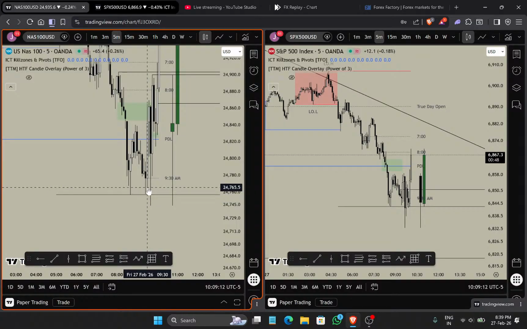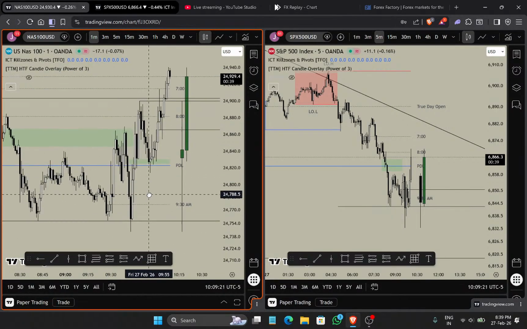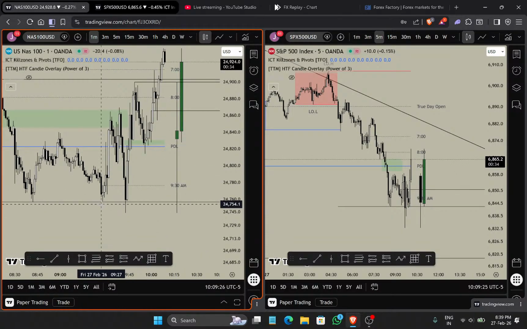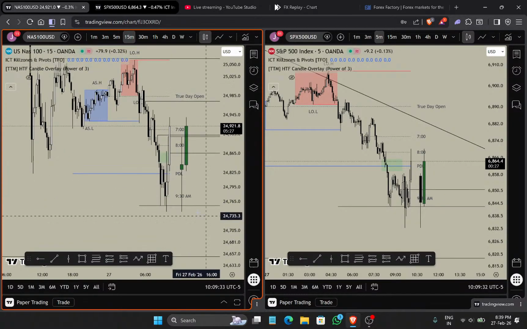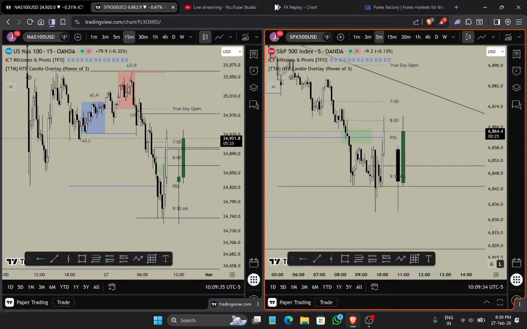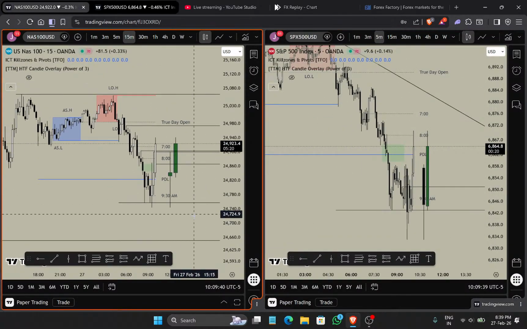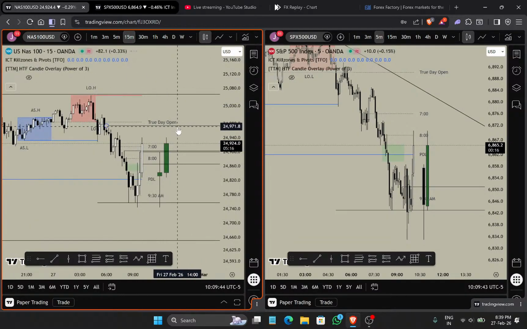Actually, this was the 9:30 low, so this short was actually good. This was the 9:30 low, yeah. I have no ideas for setup.